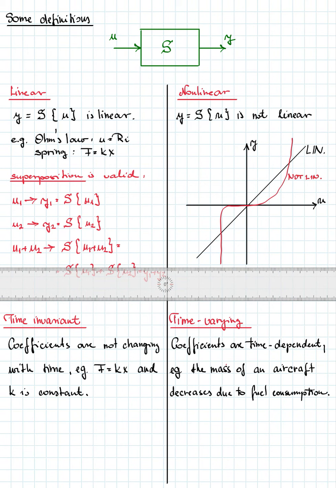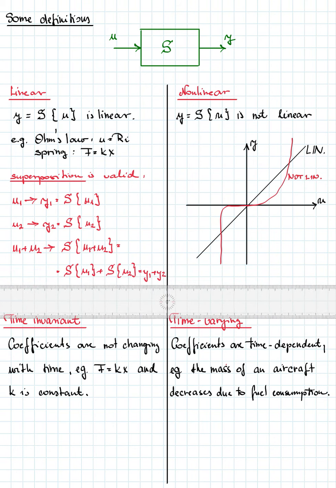The linear characteristic is just a straight line, and this straight line is crossing the origin. This is a linear characteristic between the input u and the output y. The other is not linear, so it's quite easy to see that. One part looks like x squared or something like that. So this function is not linear in this case.